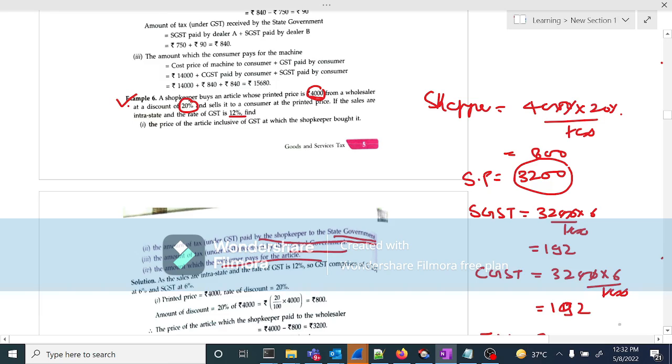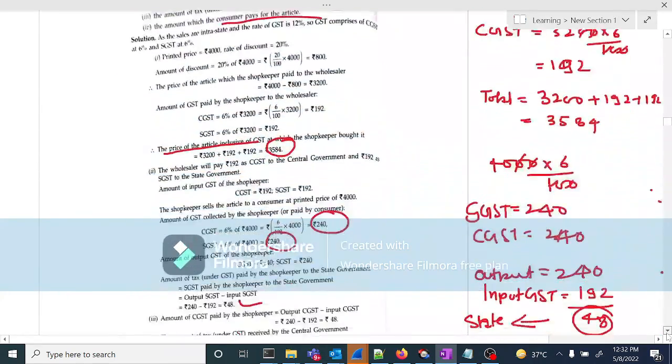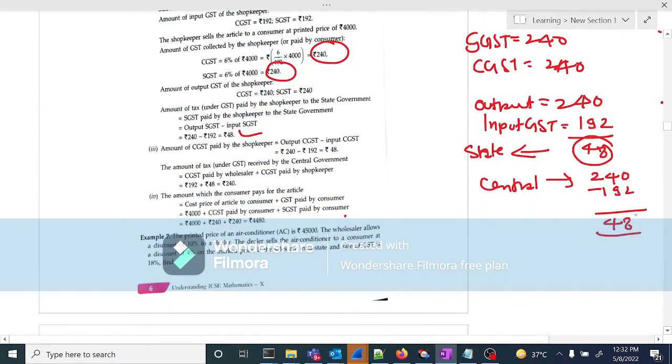The amount the consumer pays: how much is the consumer paying? 48 is the amount to the state government and central government, and the amount the consumer is paying is 4,000 plus 240 plus 240, sorry, it was 4,000. 4,000 plus 240 plus 240 is 4,480 rupees, the final price of the good which the consumer pays.